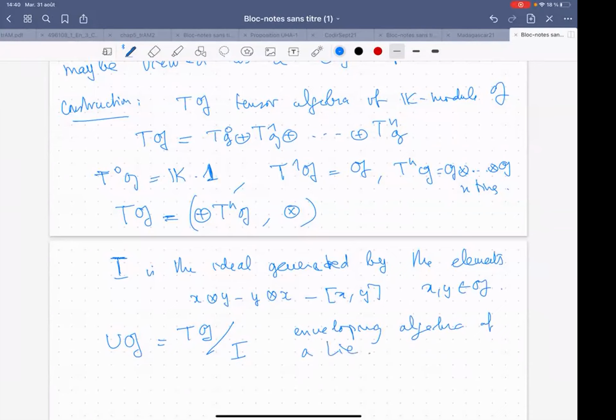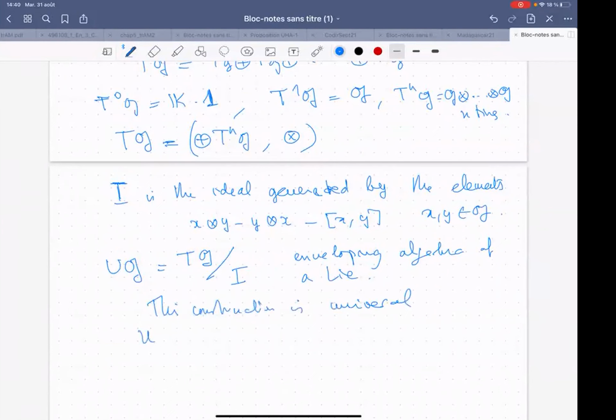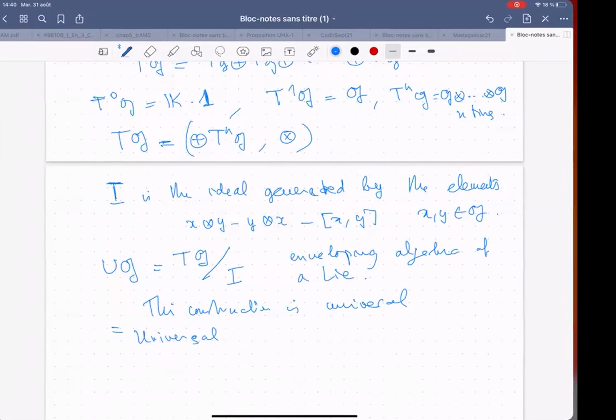And in fact, this construction is universal. That's why we also call it the universal enveloping algebra.